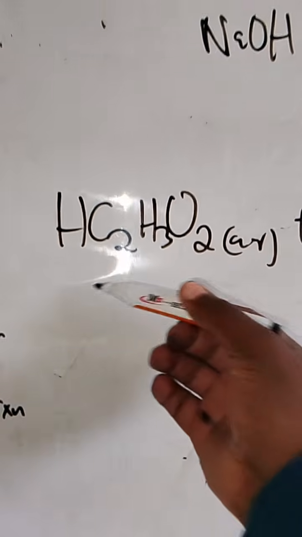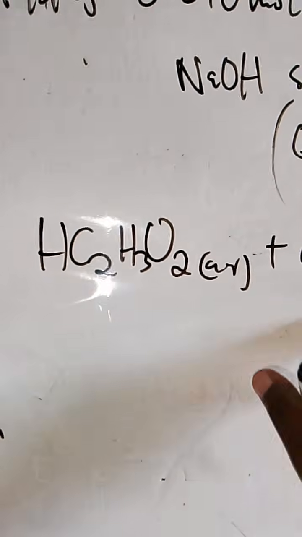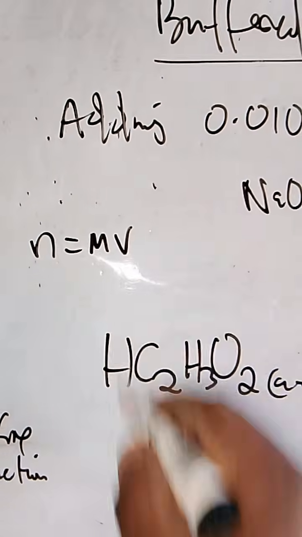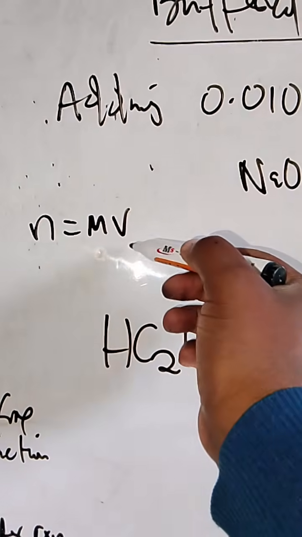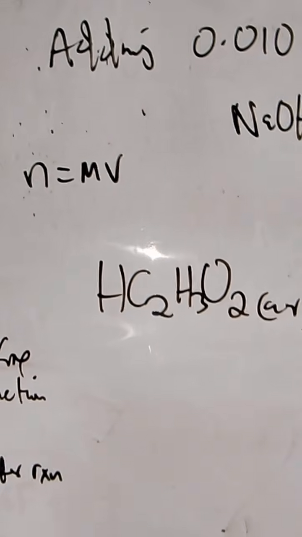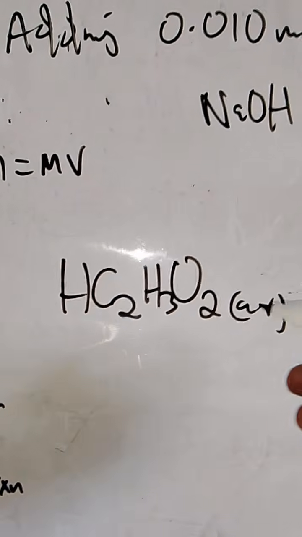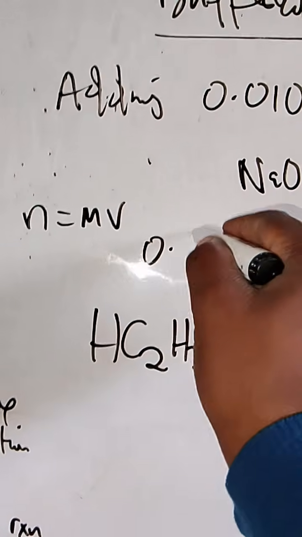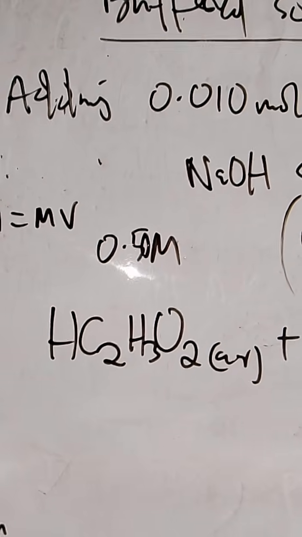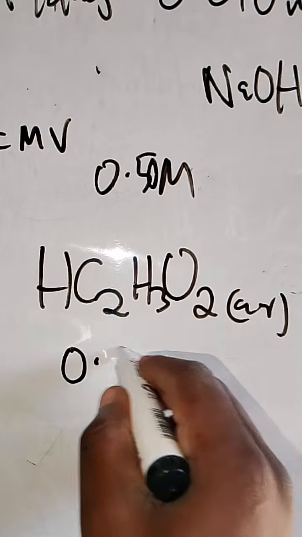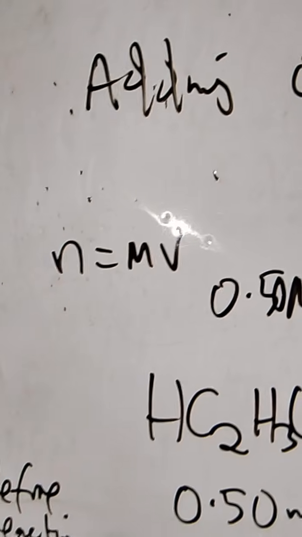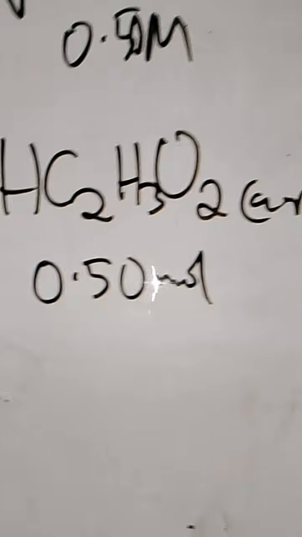Since it is in 1 liter, moles is equal to MV, molarity times volume, so the number of moles is equal to the concentration. For acetic acid, the concentration is 0.50 molar, which is 0.50 moles.